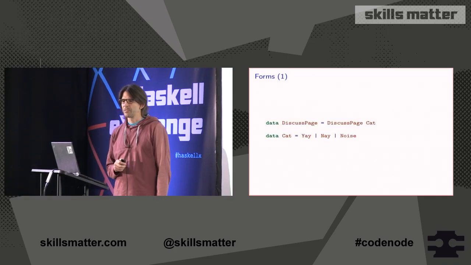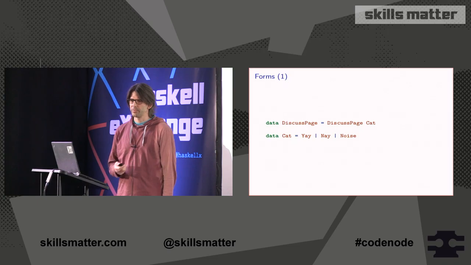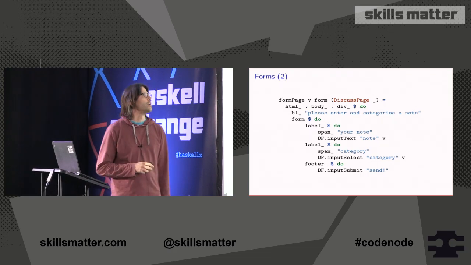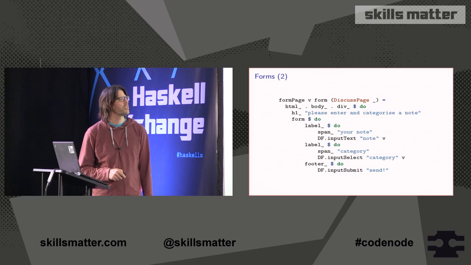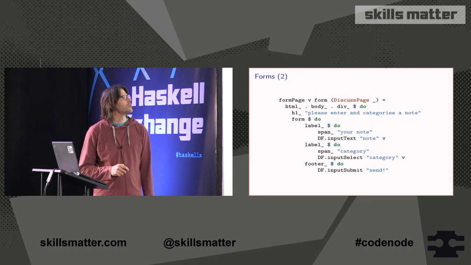And so we start with a slightly different page, and I'll walk you through a simple application of digestive functors with servant and lucid. This is the type. And then we have lucid code again. This is different. This is digestive functors, and it gives you a form field, and you see that there's a string that gives a key to the form field that we need for validation later on. And you have these two extra arguments.